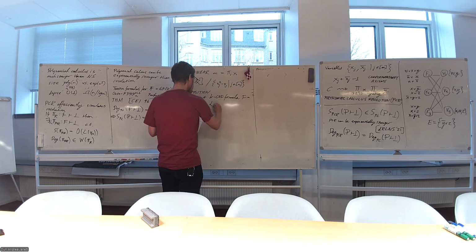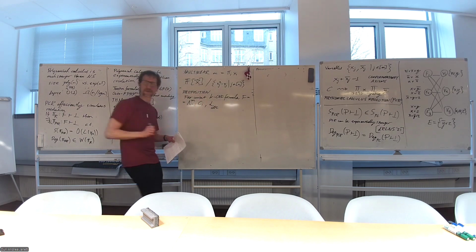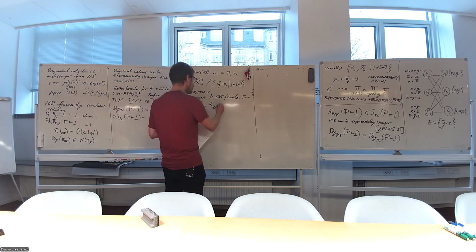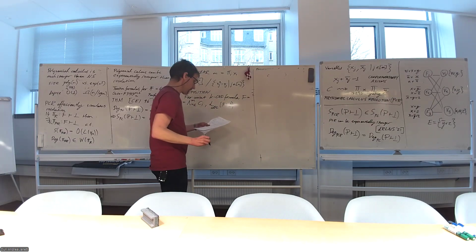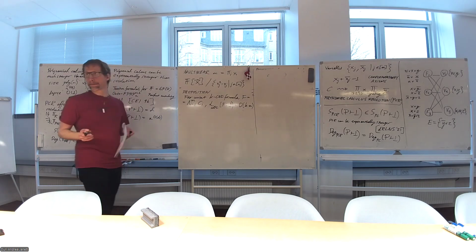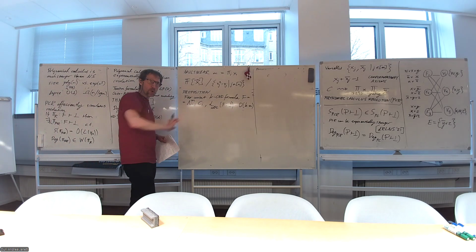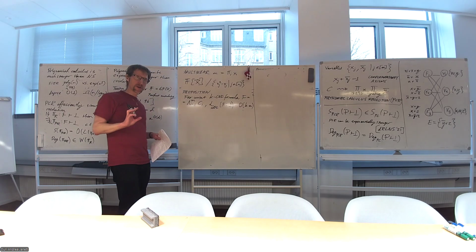The length in PC, and maybe let me improvise and write MLPC just in this proposition, for the length in multilinear polynomial calculus of refuting F is big O of k times m. So in particular, for any K-CNF formula, you only need a quadratic number of steps to refute it, if we're counting length.